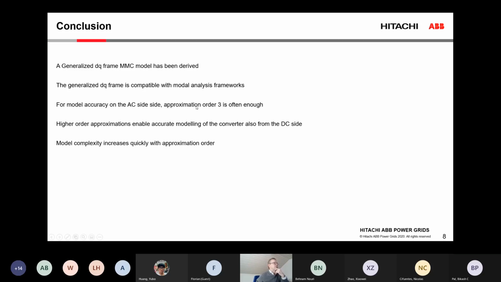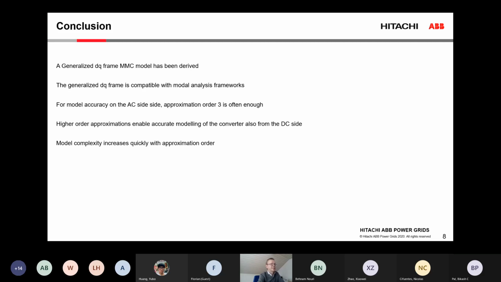Usually you can use an approximation order of 3, because we mainly study the AC connections. The DC side is quite well known, at least in a point-to-point HVDC link. So we are usually interested in the AC side, and the reason we use 3 here is that we also have a third harmonic injection.